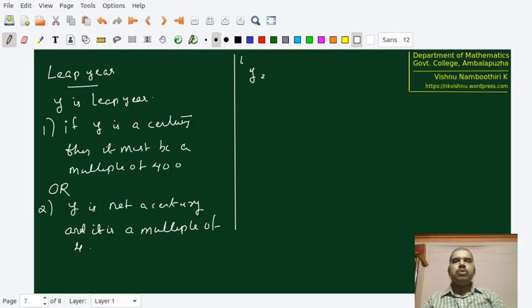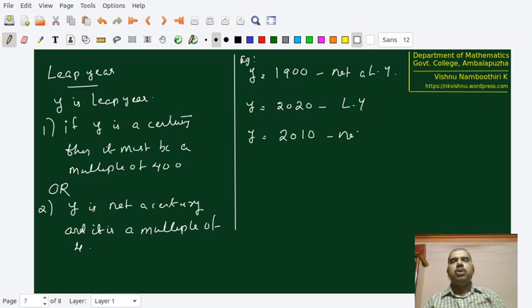Y equal to 1900. This is not a leap year because 1900 is a century, but it's not a multiple of 400. Now, Y equal to 2020. It is a leap year because it's not a century, but it's a multiple of 4. Y equal to 2010.